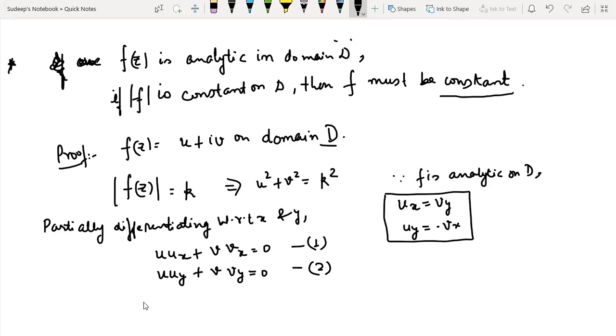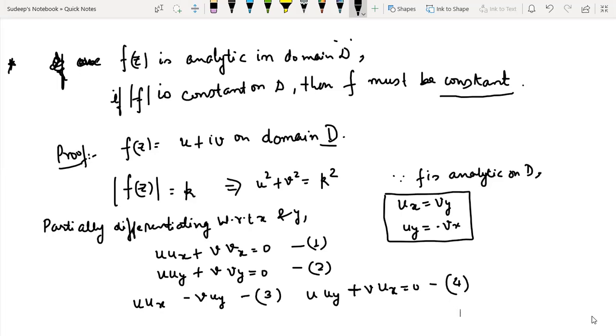So if I write it this way, I'll get u into ux minus v into uy equal to 0. This will be my equation number 3. And then another equation would be u into uy plus v into ux equal to 0, equation number 4.